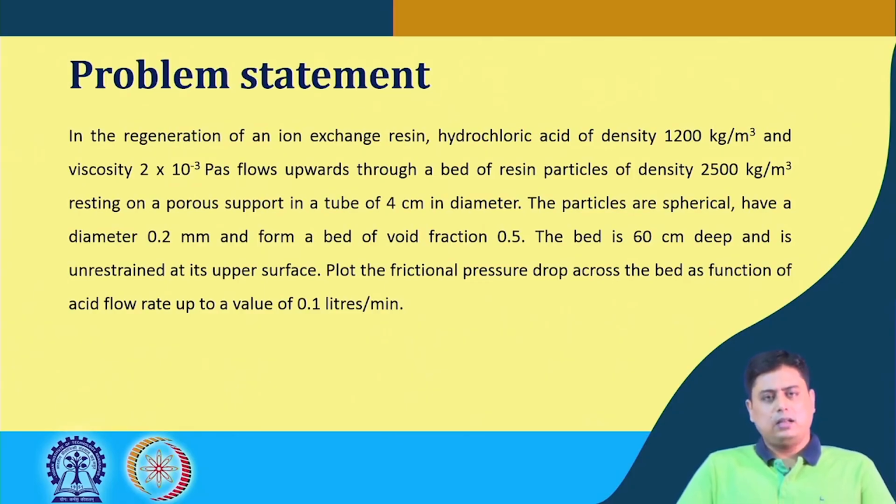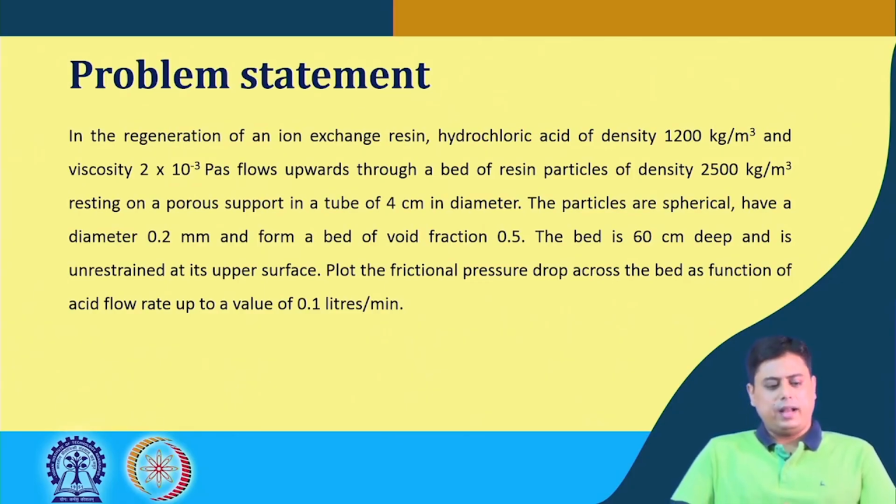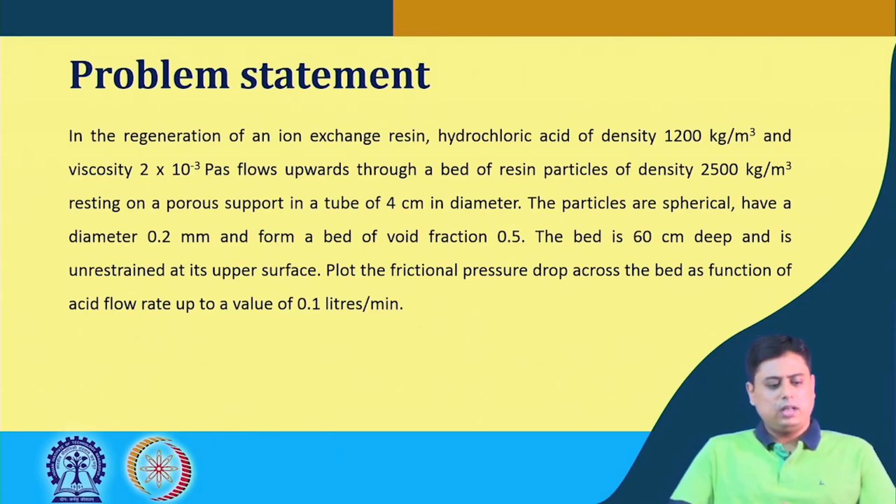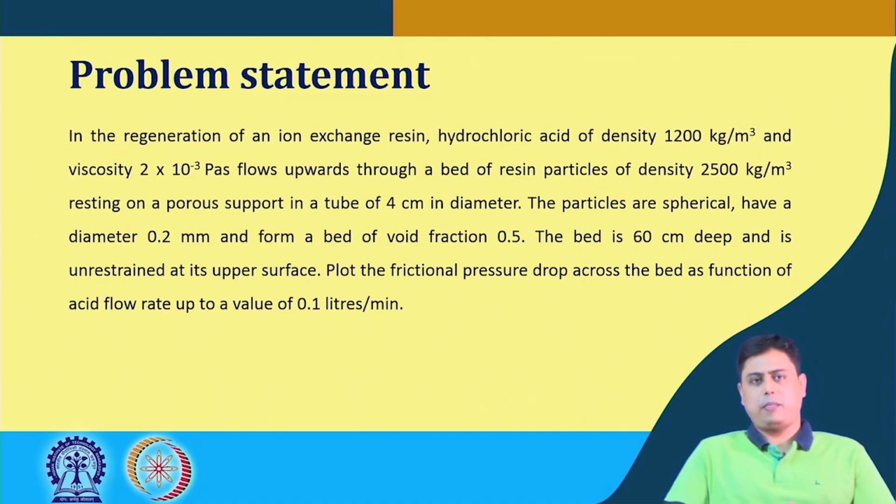The particles are spherical with a diameter of 0.2 millimeter, and form a bed of void fraction 0.05. The bed is 60 centimeter deep and is unrestrained at its upper surface. The question is: plot the frictional pressure drop across the bed as a function of acid flow rate up to a value of 0.1 liters per minute.